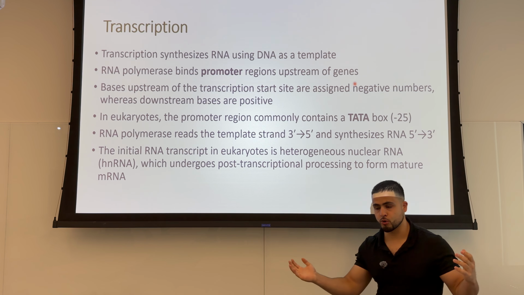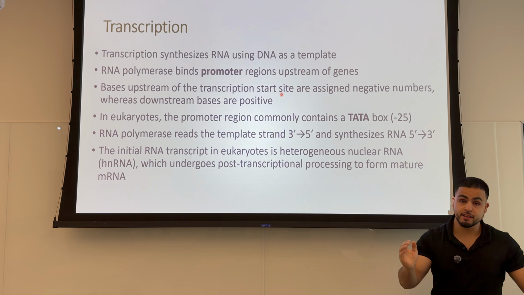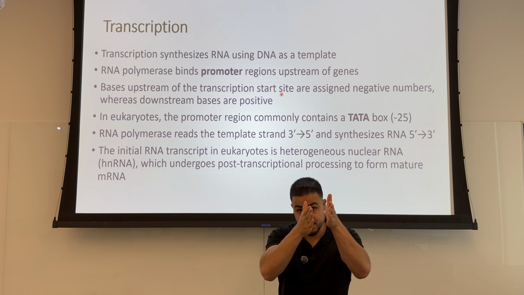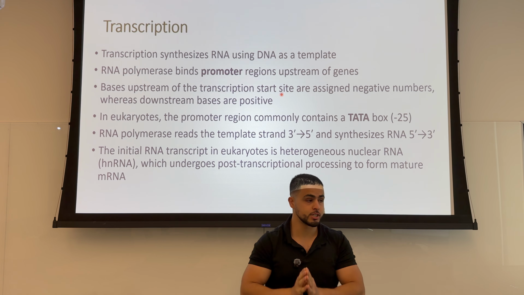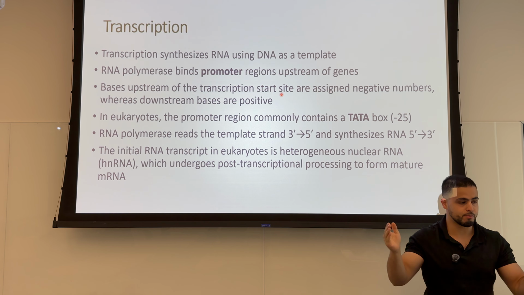So it makes sense. The promoter region is before where you start transcribing, so it's going to be negative. And then anything downstream is going to be positive. Essentially, +1 is going to be that first nucleotide that you're going to transcribe. There is no 0, so it goes from -1 to +1.